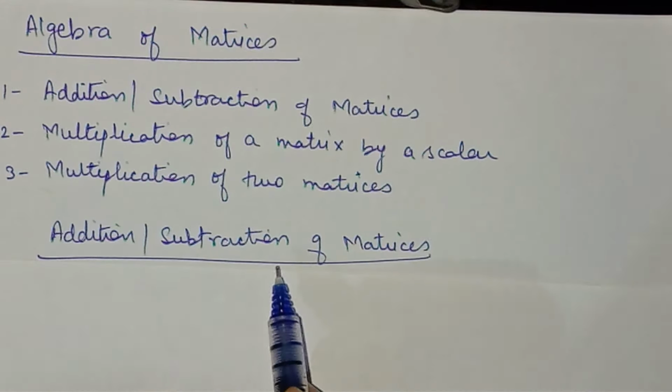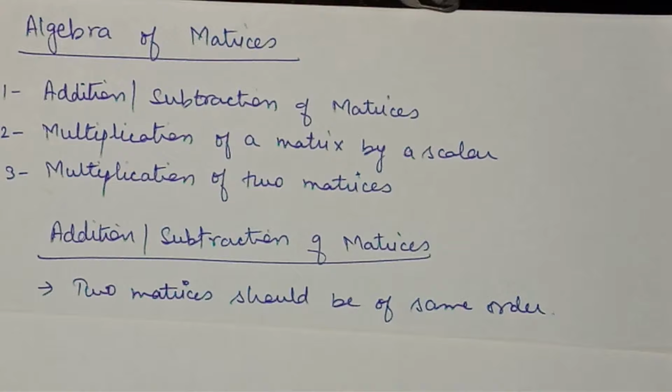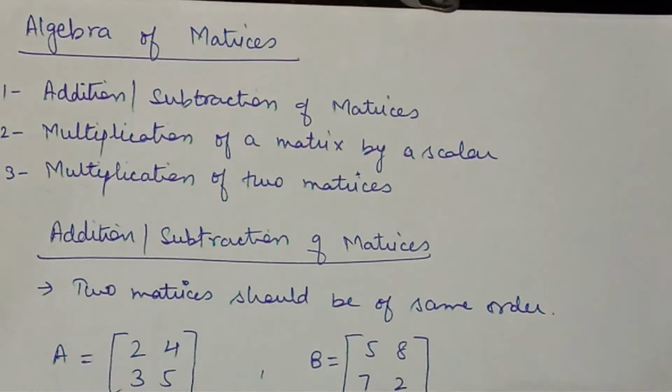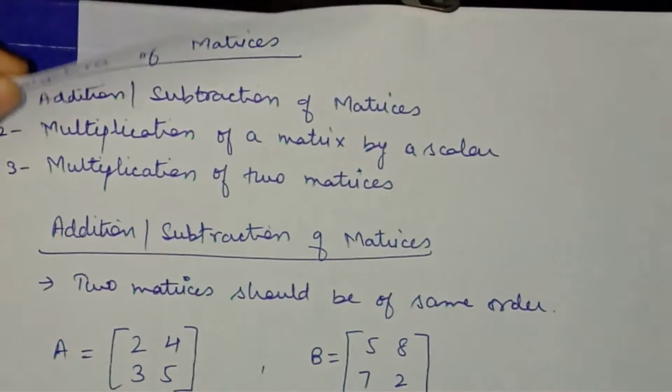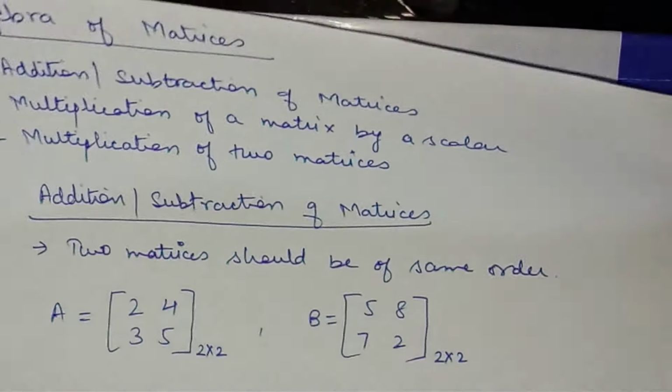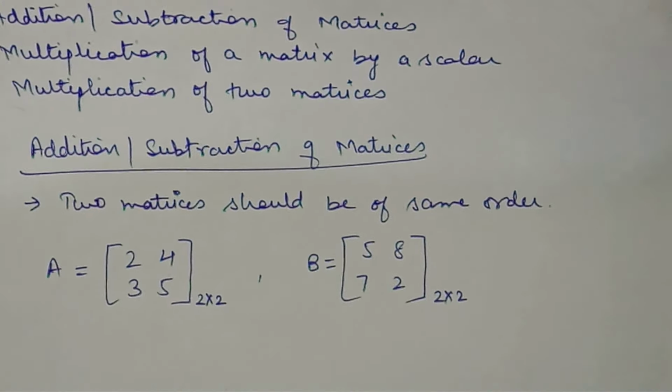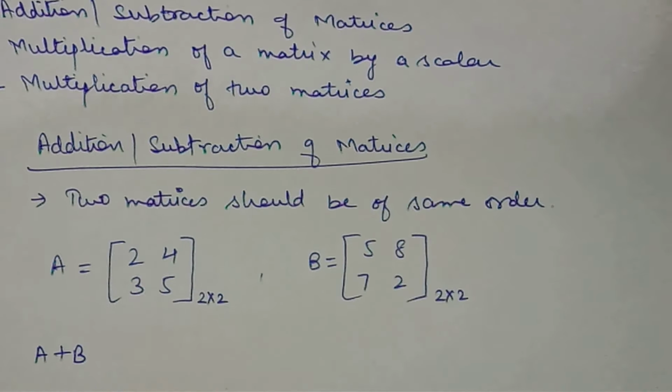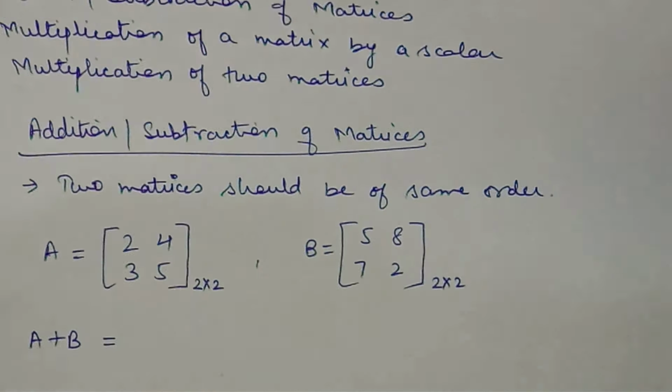If we want to add or subtract two matrices, then the two matrices should be of the same order. Only then we can add or subtract the two matrices. For example, I have matrix A and matrix B in front of me. As matrix A is of 2 by 2 order and matrix B is also of 2 by 2 order, if we want to find the addition of the two matrices, that is A plus B, A plus B can be calculated.